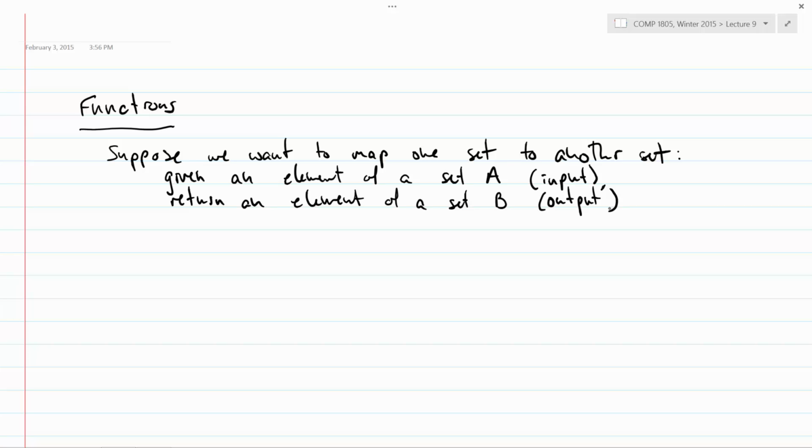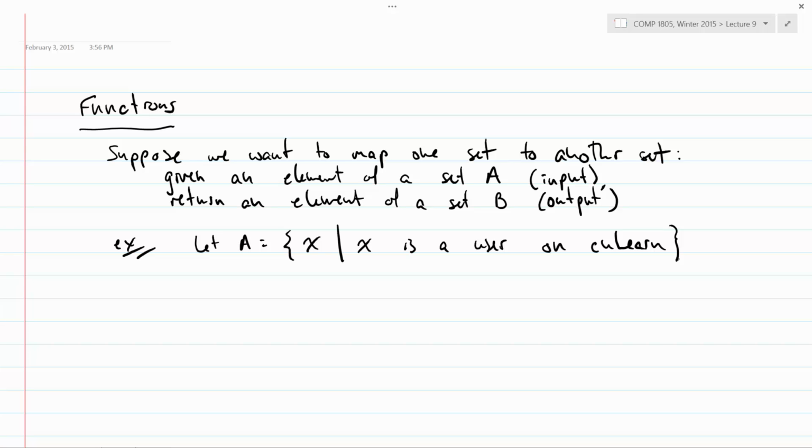So as an example, you could have the set A be the set of all users on a computer system of some kind. So it's all things X such that X is a user on, I don't know, let's say CUlearn. Okay, that's the input set.